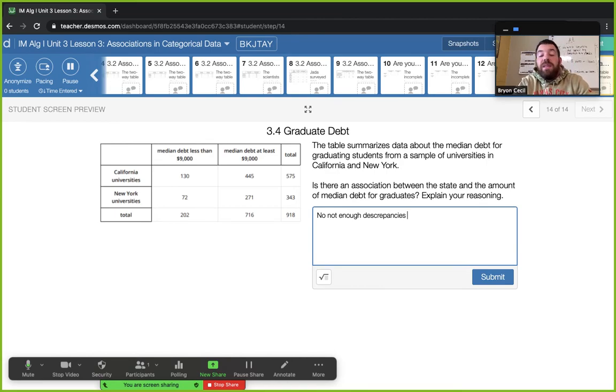Not enough discrepancies between the two states, which is California and New York. Okay, if there was a discrepancy, where they're hovering right around that 70 to 80% have median debt that's at least 9,000. If they had come back differently, then there would be an association between the state and how much people owe. But since they're similar, there's really no association.